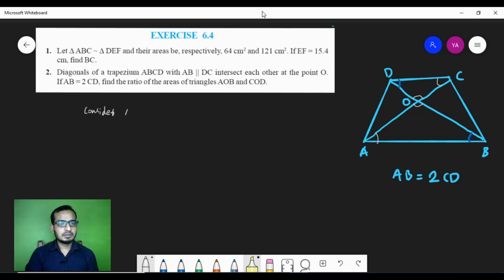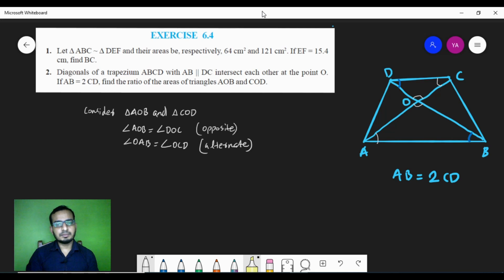Consider triangle AOB and triangle COD. Angle AOB is equal to angle DOC since they are opposite. Then angle OAB is equal to angle OCD because they are alternate.